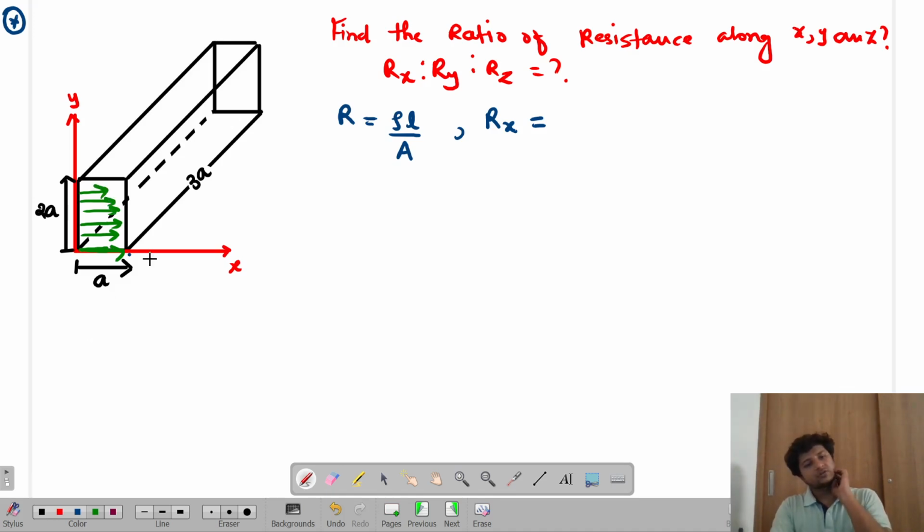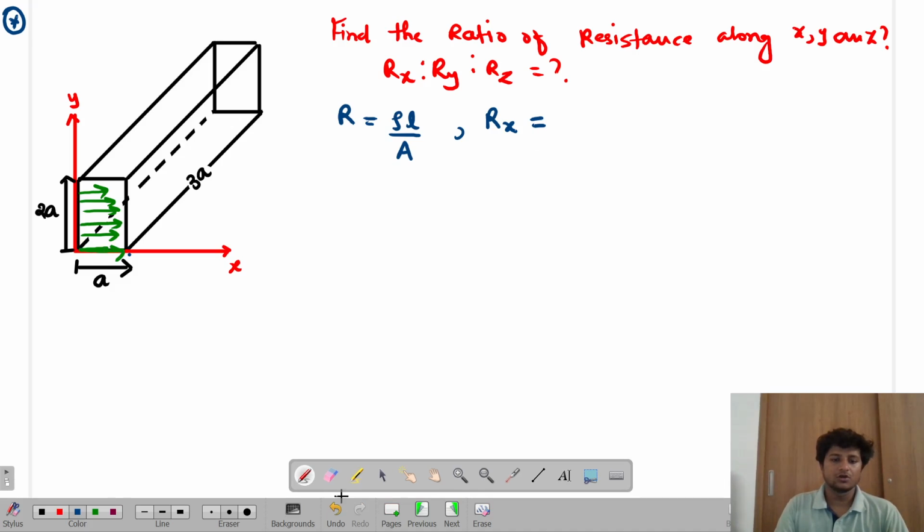So when it passes through the x-axis, the length it will cover is from 0 to a. So rho into length a, divided by area.